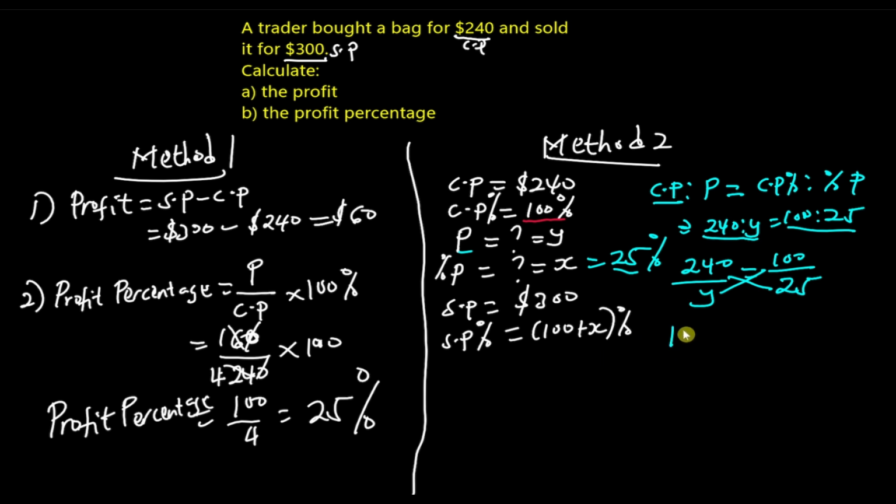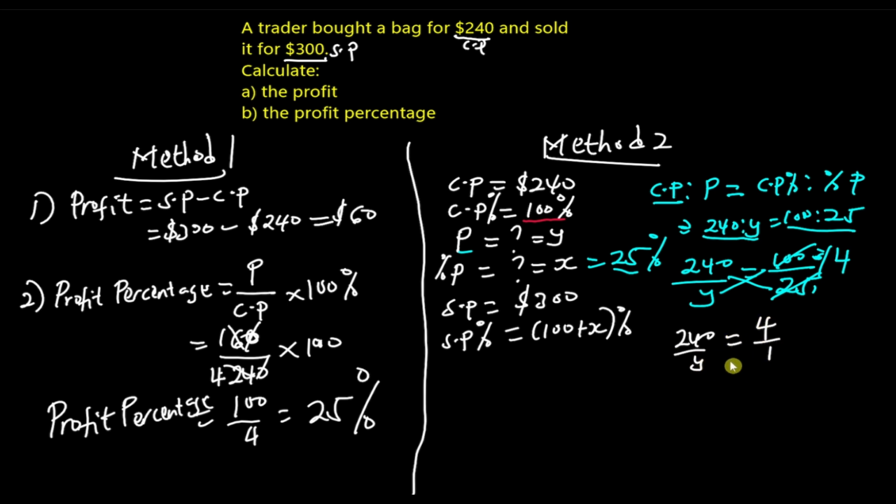Even before we do cross multiplication, as you can see the 25 can go into the 100 4 times. So we have 240 over y, which is equal to 4 over 1.